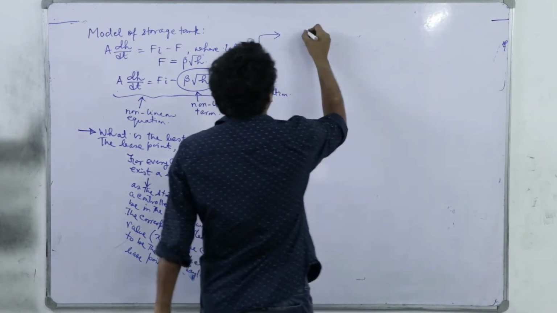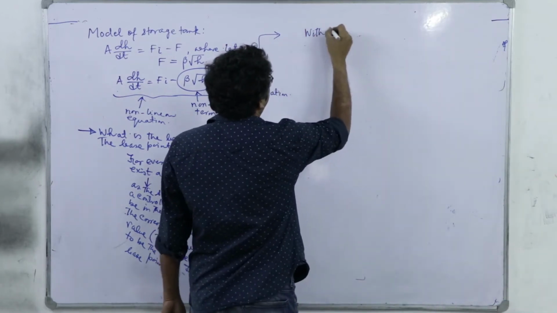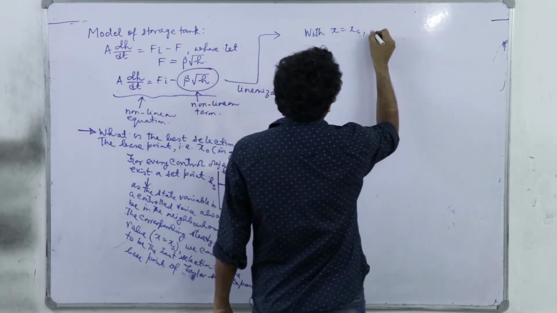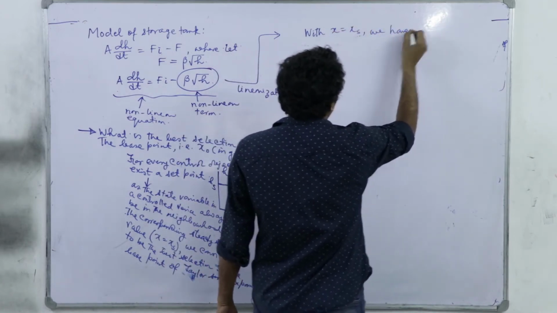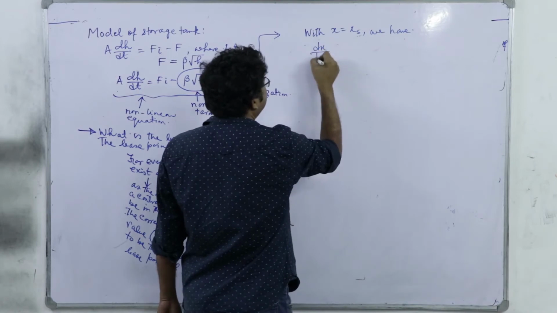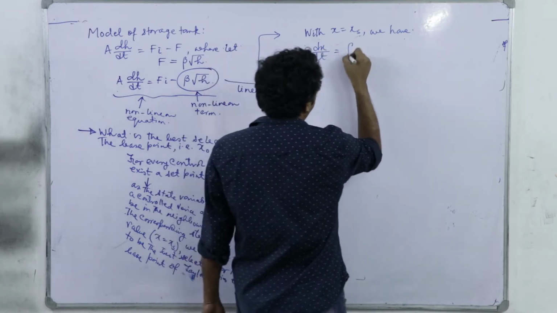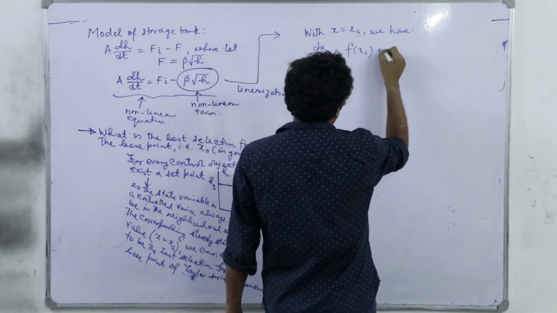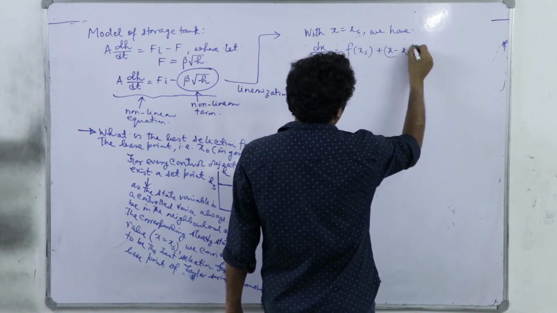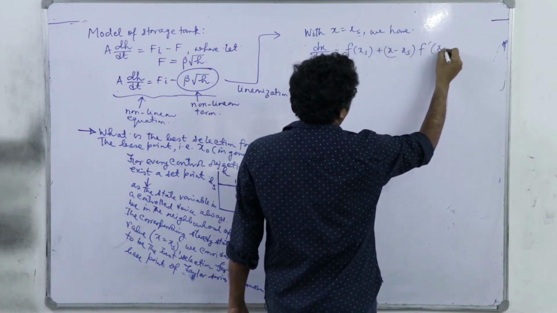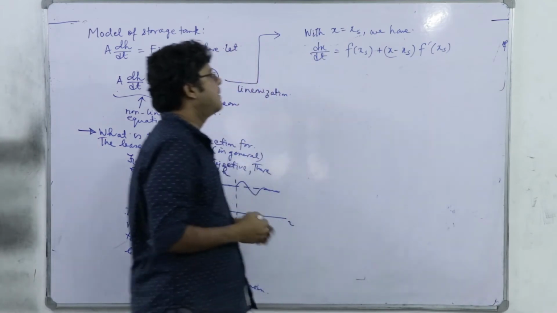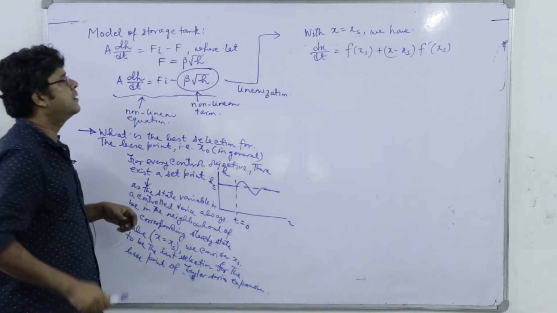So with x is equal to xs, we have dx dt is equal to f of xs plus x minus xs into f prime of xs. Right.